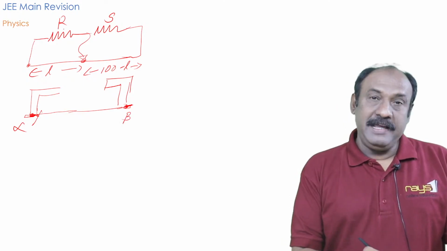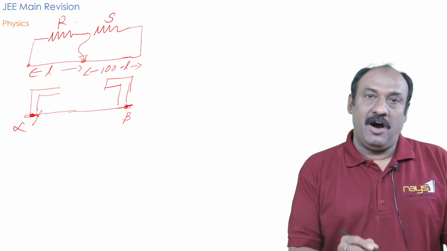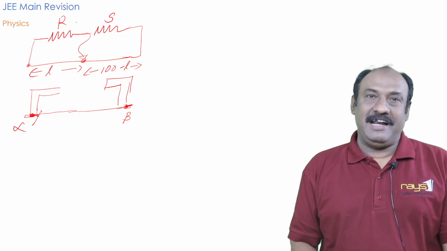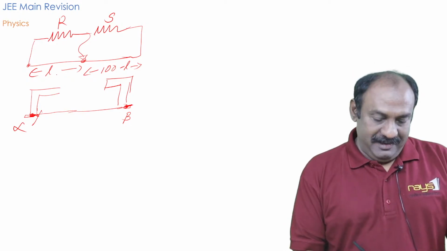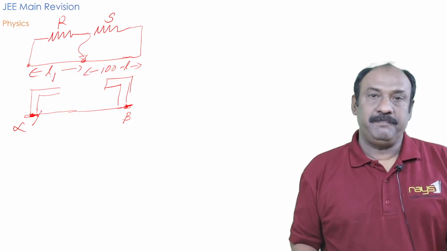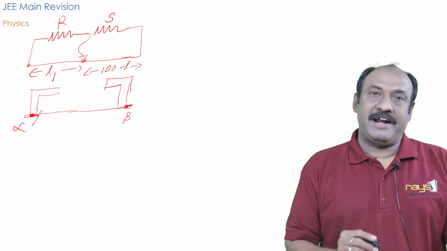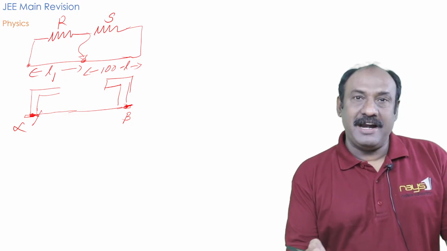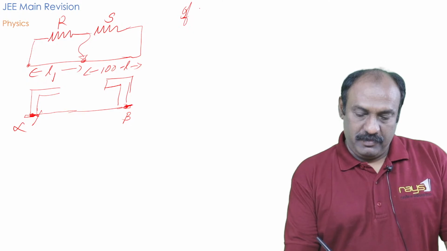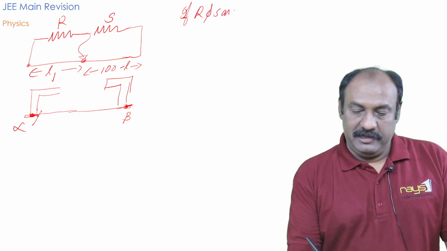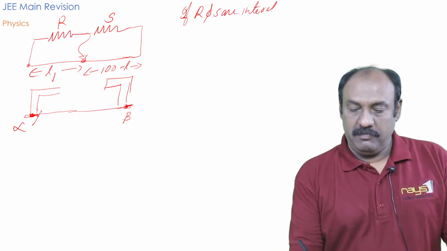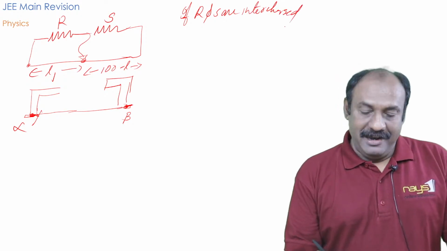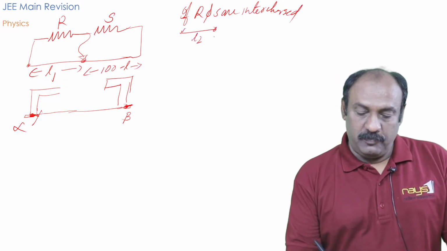So instead of PQ, I consider R and S as the resistors in the left gap and right gap. The balancing length is supposed to be L1 if R and S are in the left and right gaps. According to the given data, if R and S are interchanged, the balancing length is supposed to be L2.